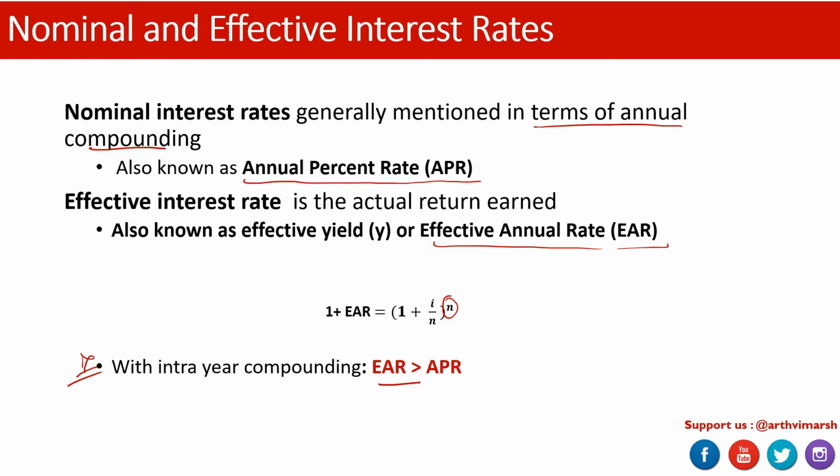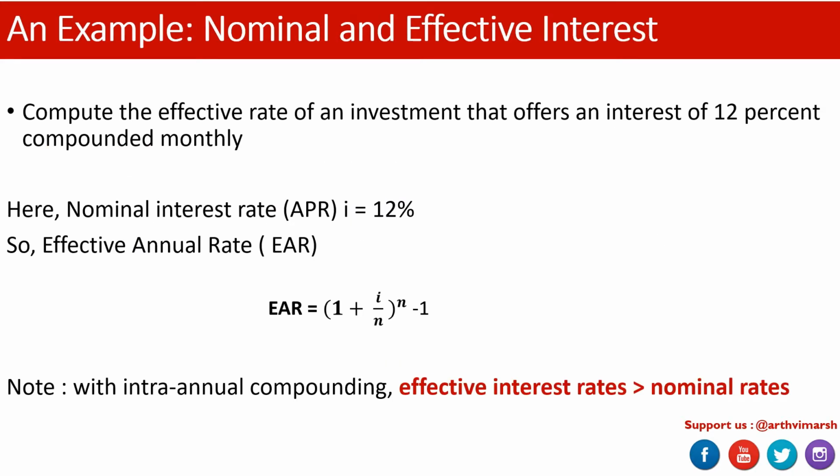Let's try to understand with the help of an example. Let us compute the effective rate of an investment which is offering a 12% interest rate and is being compounded monthly. So here we already have the APR, or the nominal interest rate, of 12%.